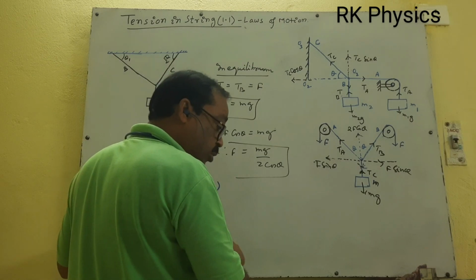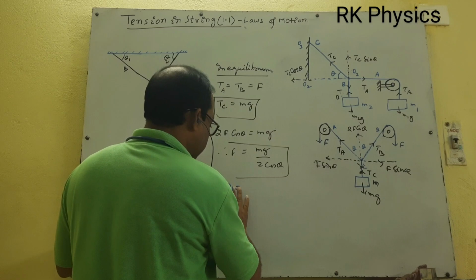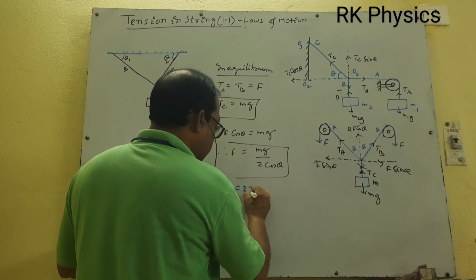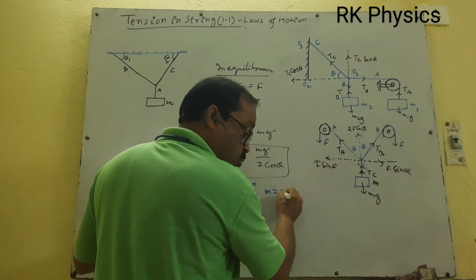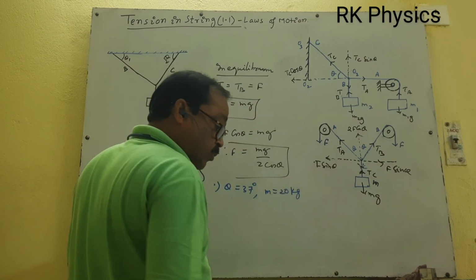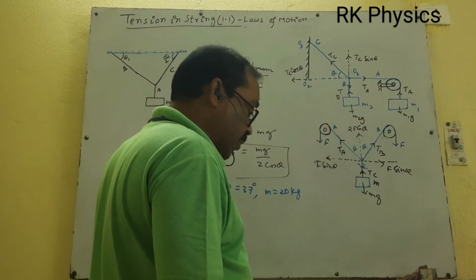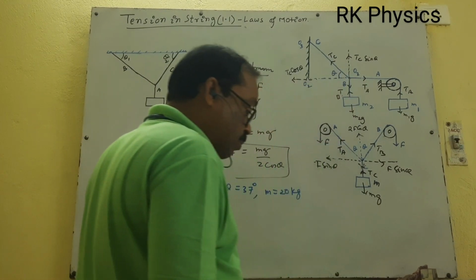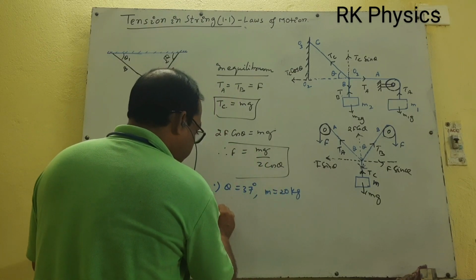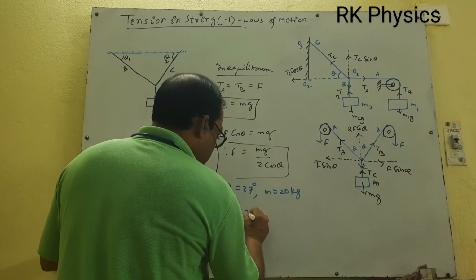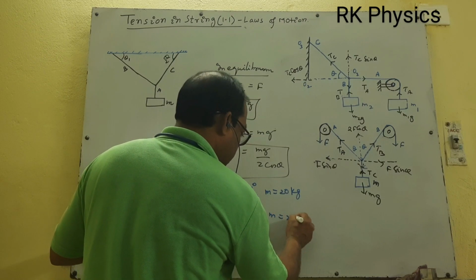You substitute. Take theta 1 equal to suppose 37 degree and mass of the object equal to 20 kg. Second, if theta equal to 30 degree, you take mass equal to the same 20 kg.